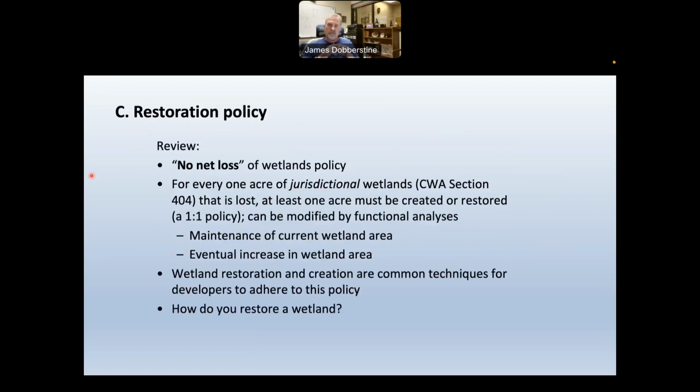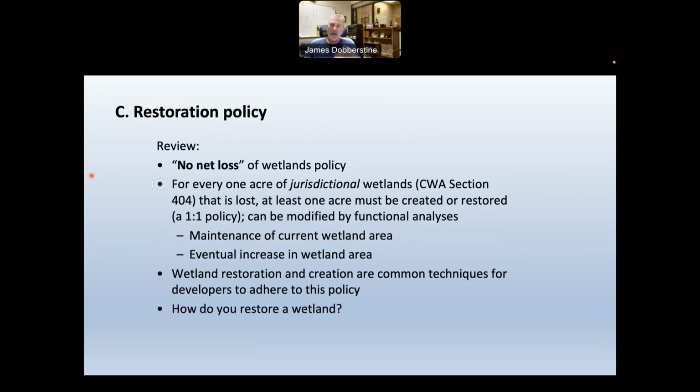All right, so we've talked a little bit about policy. We had some discussion over no net loss of wetlands. So for every acre of jurisdictional wetlands under the Clean Water Act that's lost, at least 1 acre must be created or restored. That one-to-one policy.